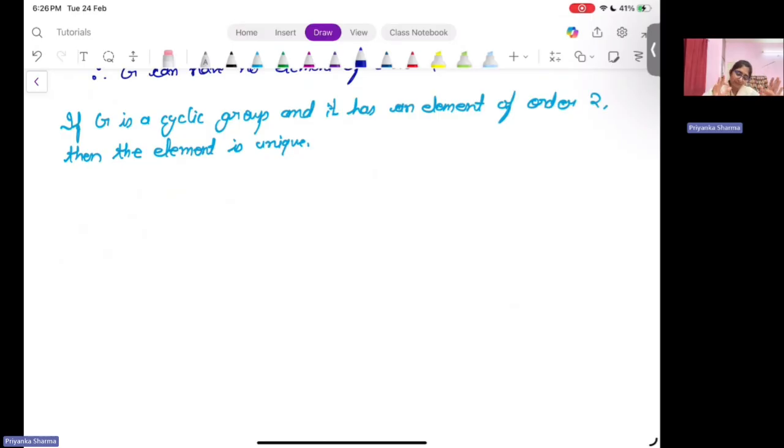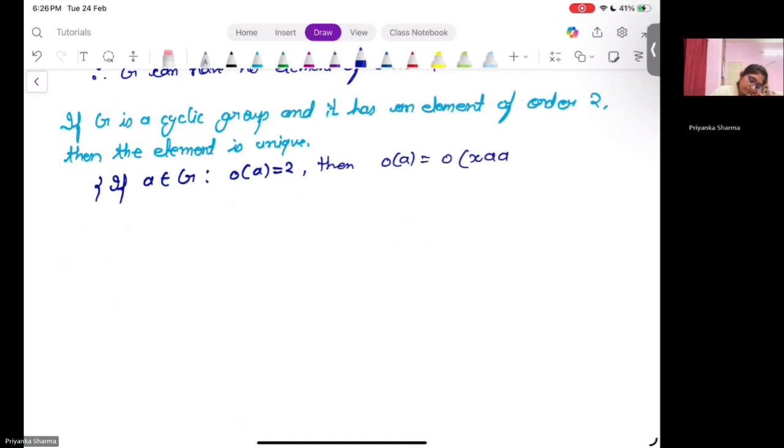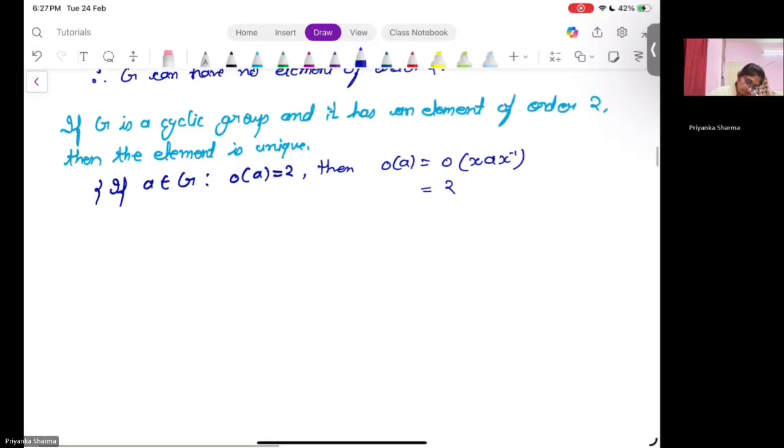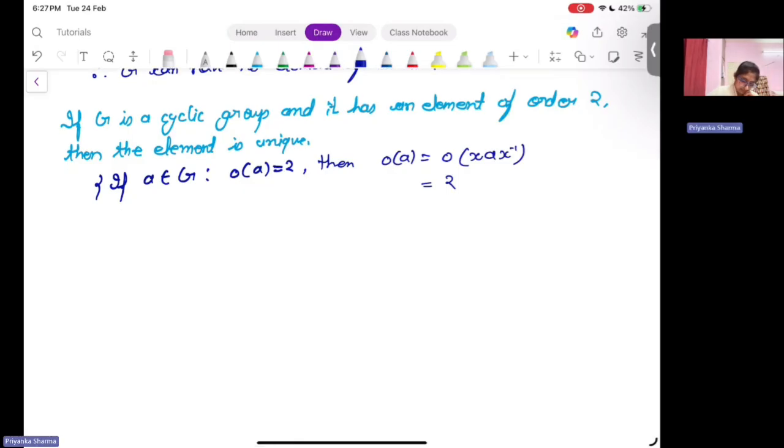If such an element exists, so if a belongs to G such that order of a is 2, then we know that order of a will be the same as order of x a x inverse, that is, order of this will be 2. So this will give us the required result.